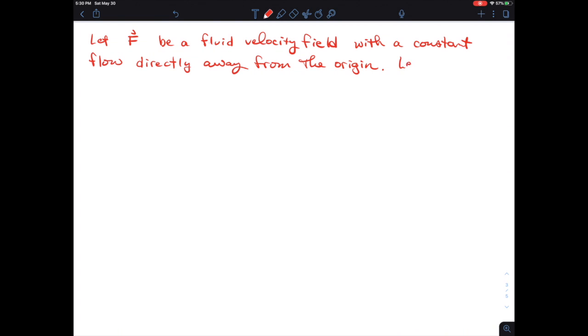Also, we want to let the magnitude be, let's say, V, and I'll do a script V, and these will be meters per second.